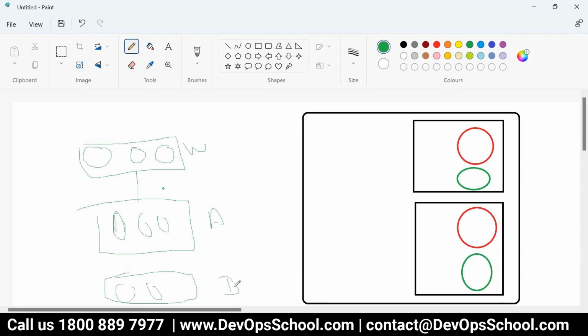Now the problem is, you saw that pods come and go because of the replica set. Sometimes a node disappears, so its pods disappear, and then a replacement pod comes automatically because of the controller. I showed you this feature. So IP addresses also keep changing, and that causes many problems.